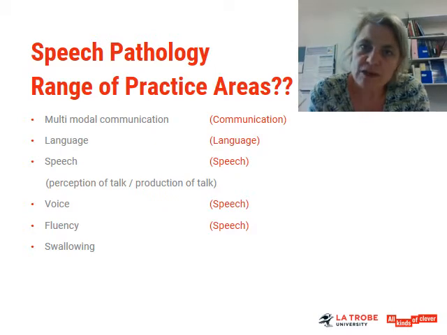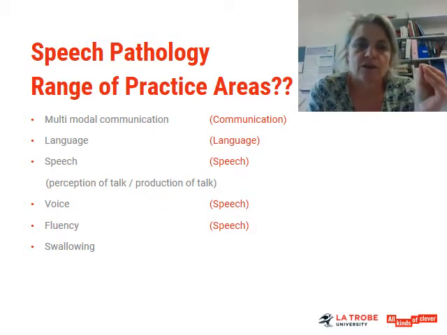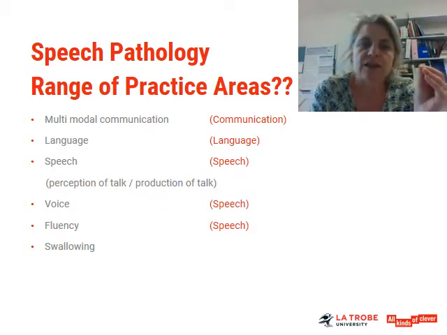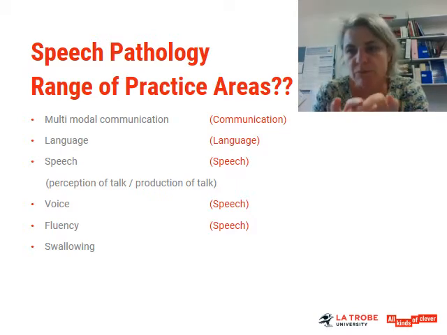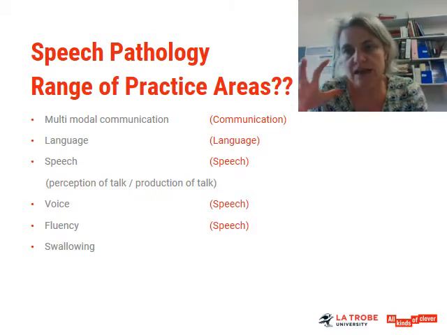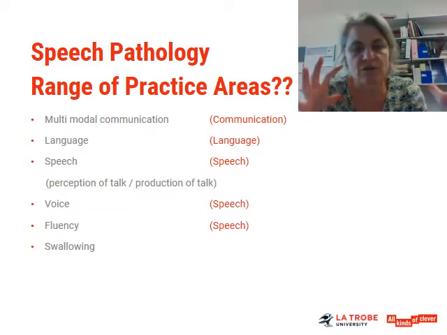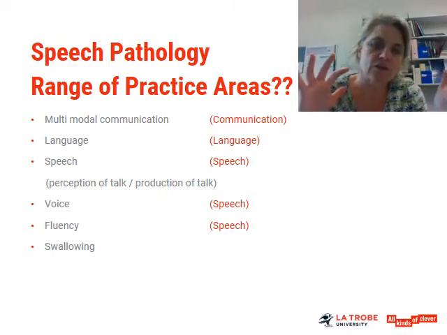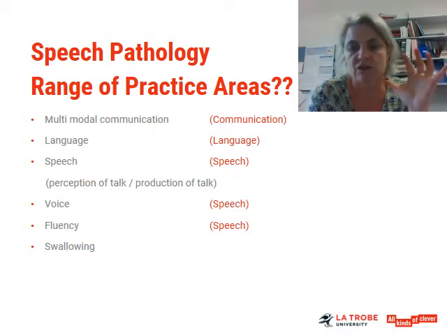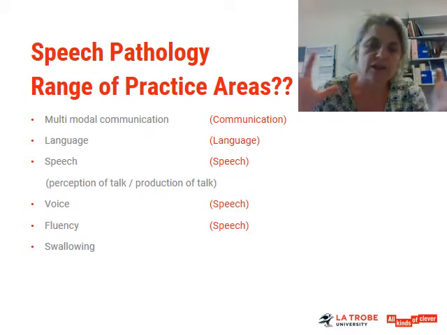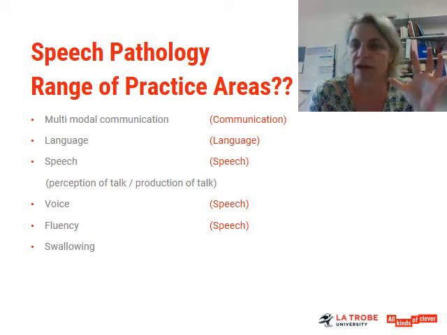So in terms of range of practice areas, multimodal communication is about communication, that broad, holistic, any way of communicating a message, verbally, non-verbally, through gestures, facial expression, or through language.